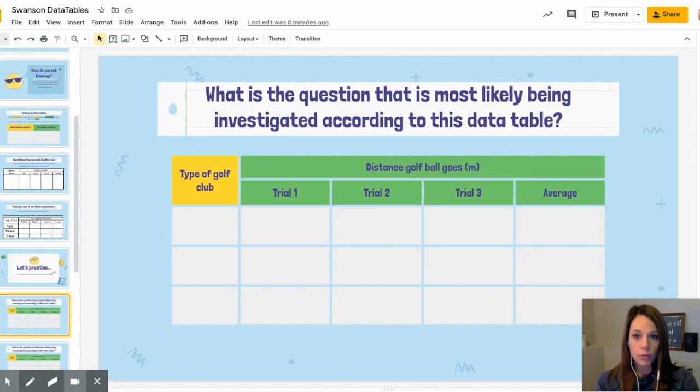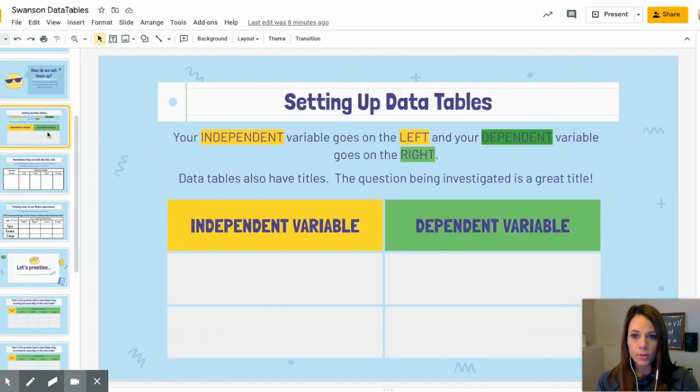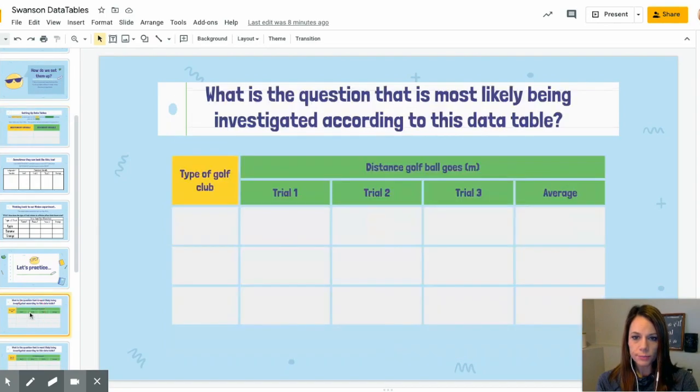Now again, if we look back here, our independent variable is going to go on the left, and our dependent, what we measure, is going to go on the right. So in this question, whatever is being investigated, this is going to be the independent variable, and this is going to be the dependent variable. So it looks like we've got, how, or does, type of golf club affect what? Think about it.